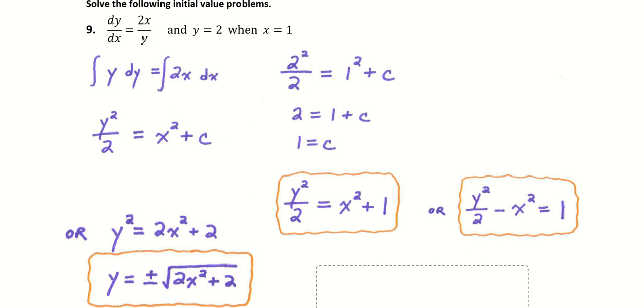So this would be where we really have to go the extra mile to separate the variables. So again, as we move the dx over here with the 2x, we have to move the y over here with the dy. And then we're integrating both sides. So remember, we integrate y with respect to y, we get y squared over 2.